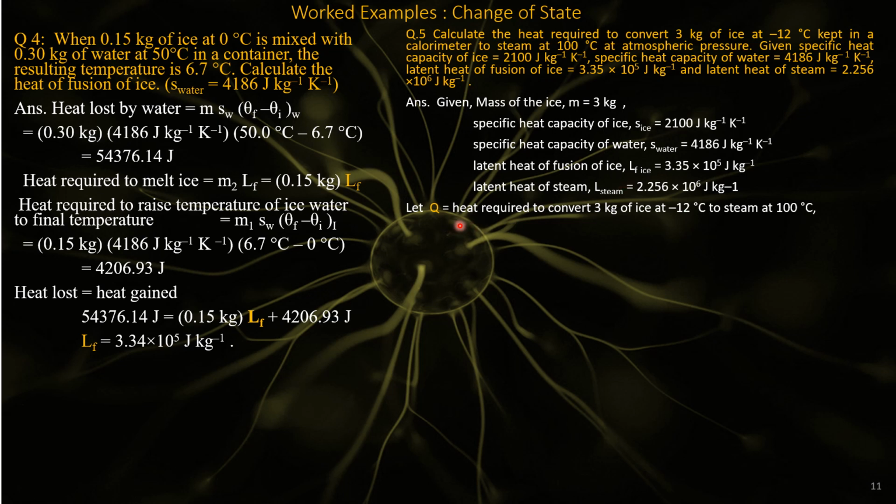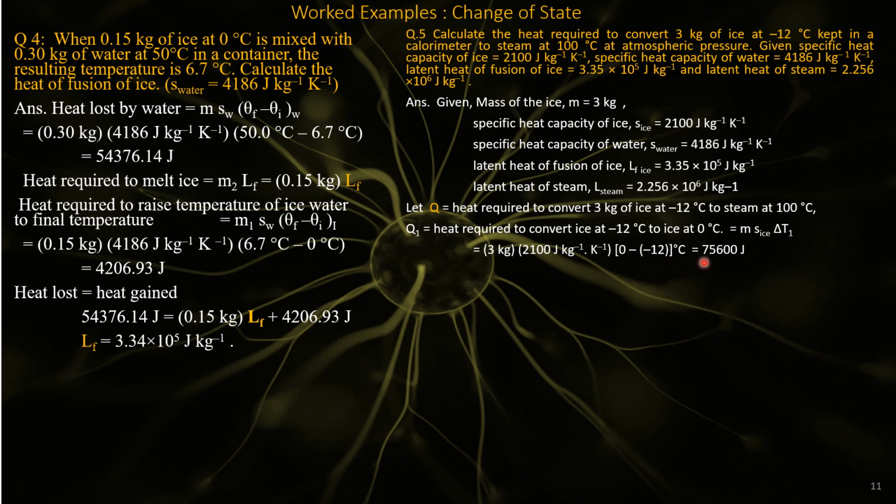So let Q be the heat required to convert 3 kg of ice at minus 12 degrees centigrade to steam at 100 degrees Celsius. So Q1 equal to heat to convert ice at minus 12 to ice at 0. Please note down the temperature difference. Minus 12 degrees ice to 0 degrees ice is m into S ice into delta T1.